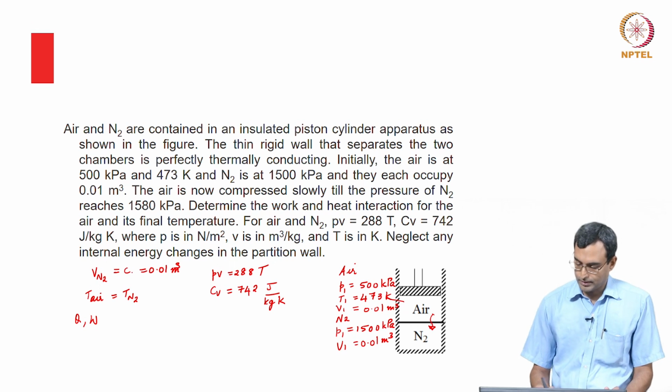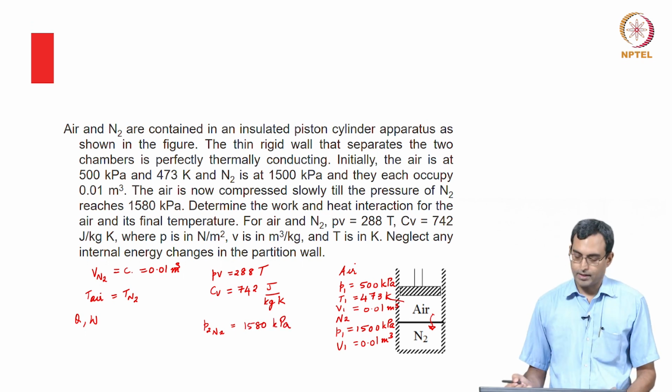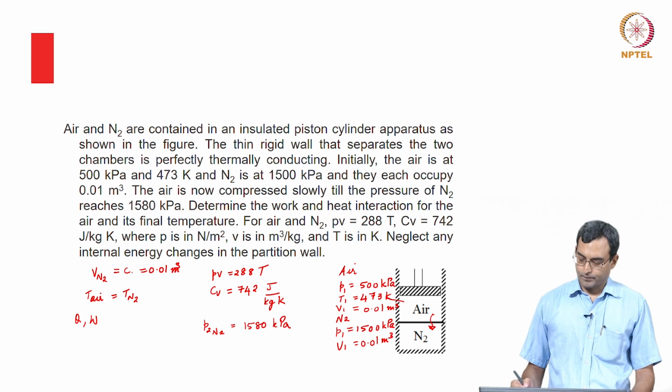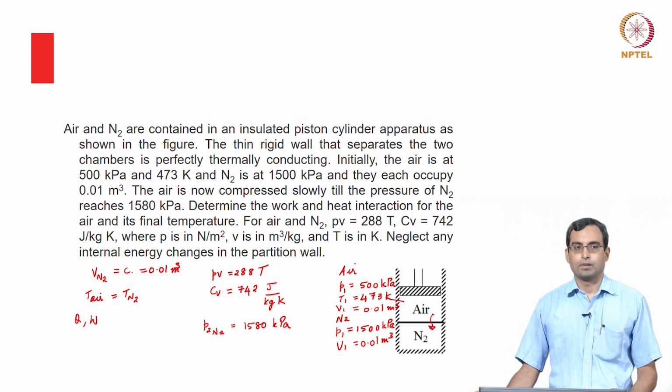So, P2 for the nitrogen is 1580 kilopascal. At that point of time, P2 for the air need not be the same, because the initial quantities and pressures are different. So, this is what is given to us.